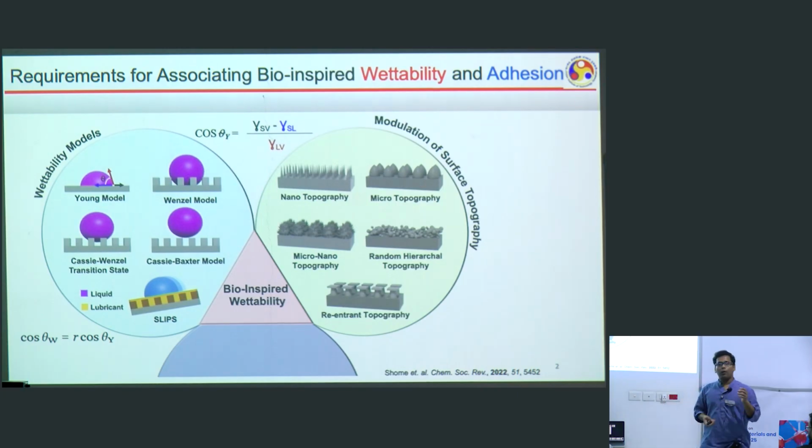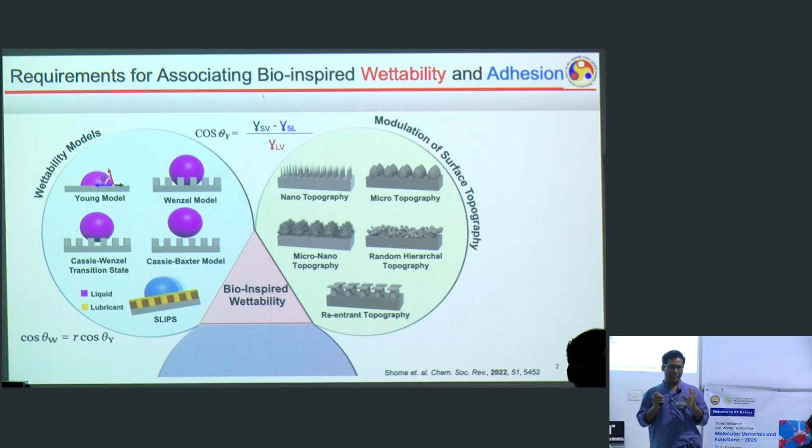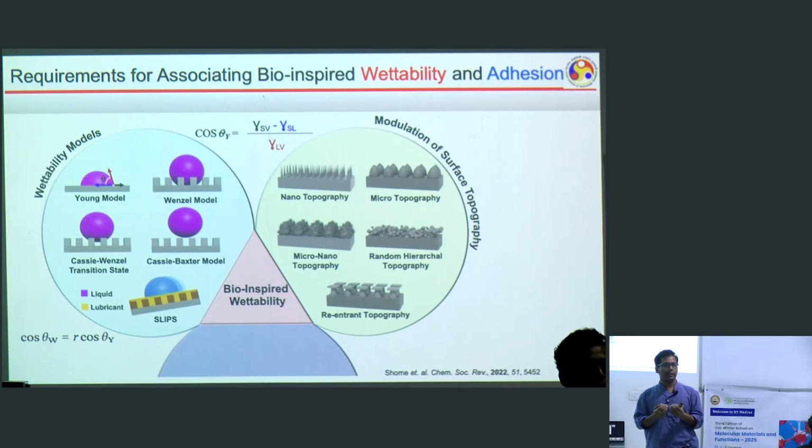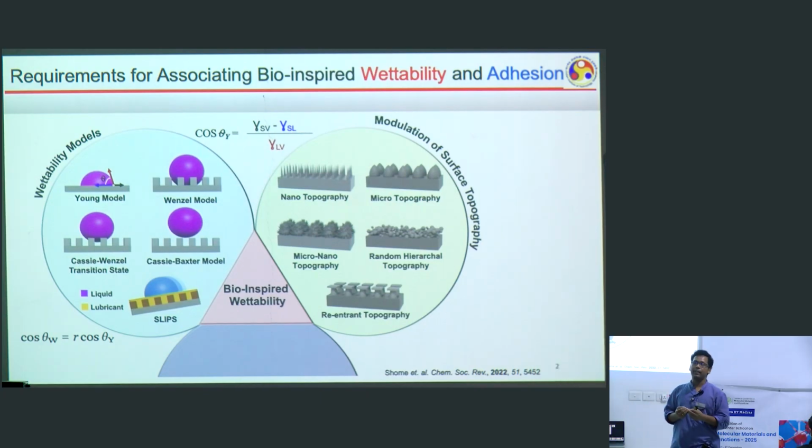Okay. Now, what I mean by super hydrophobicity is basically the ability of an interface to extremely repel the liquid, more specifically here, water. That's the reason it's called super hydrophobicity. Now, when I say extreme, it's a vague word, right? You have to give a quantitative estimation, right? So the contact angle has to be more than 150 degrees.